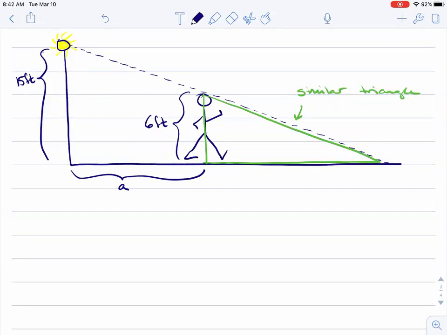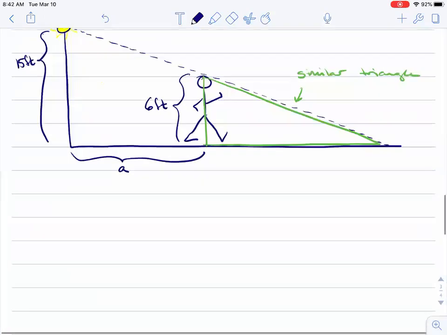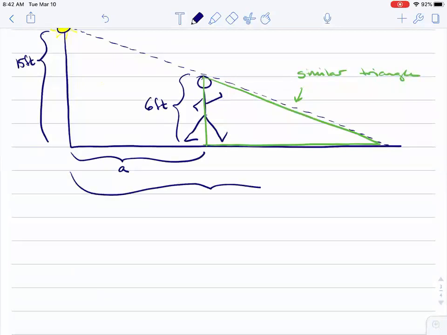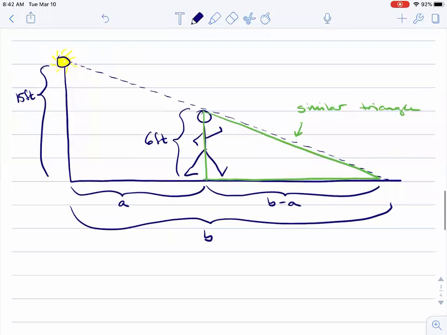So if we let that distance between the pole and the guy be A, and we let the overall distance be B, then this distance here is going to be B minus A. The shadow is going to be from the guy all the way to the end of the light shining, right?